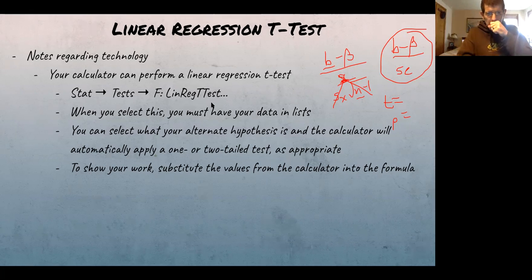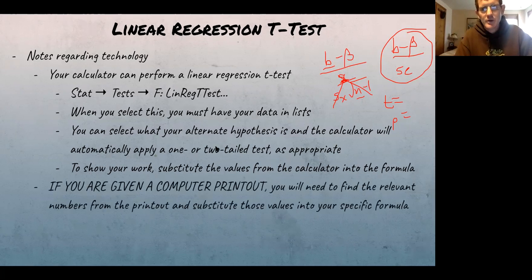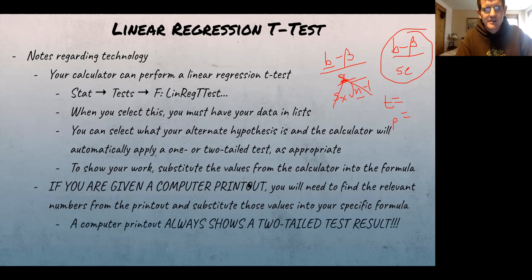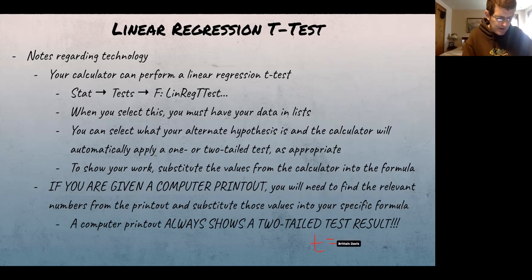So almost certainly you'd be given a computer printout where you'll need to read through the printout, find the relevant numbers and substitute those into your formula. And this is another key thing. A computer printout is going to automatically have a t and a p value there.